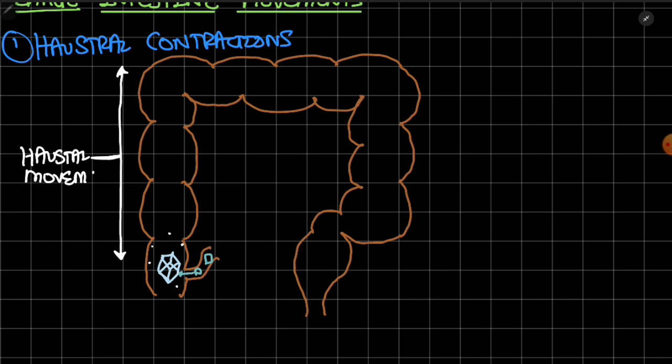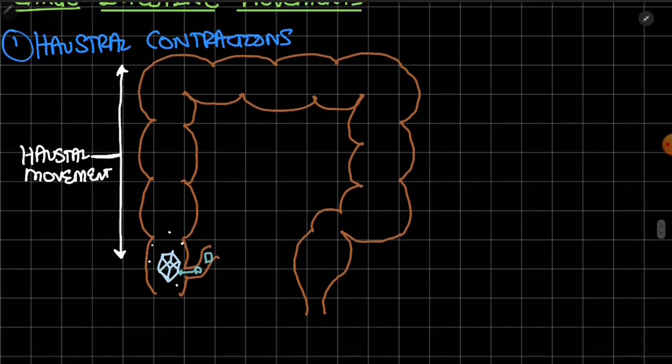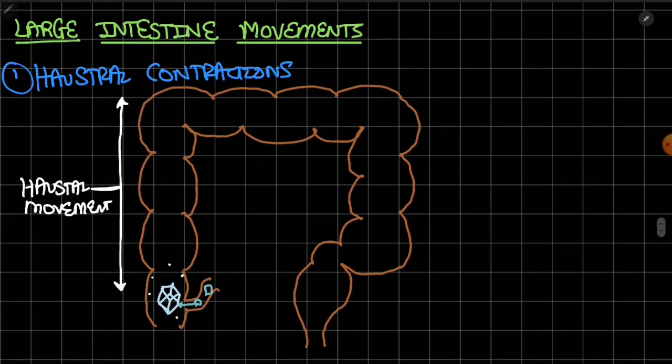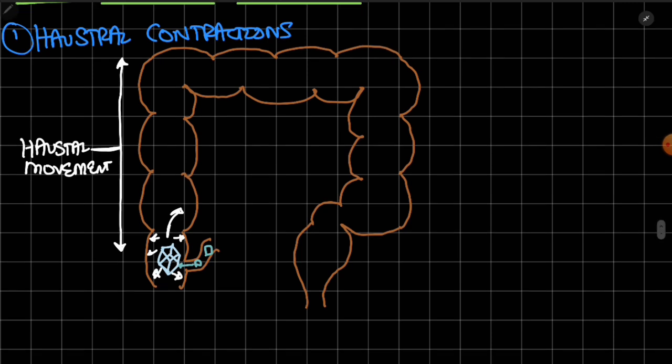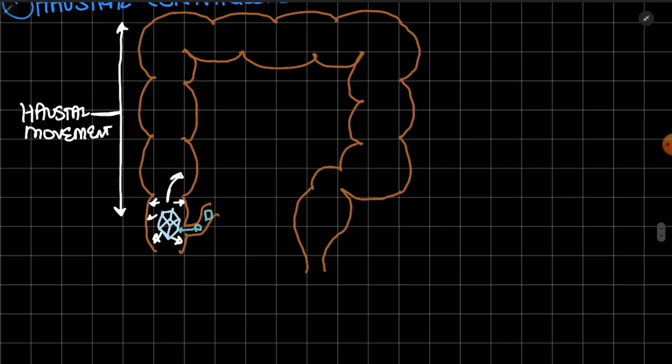So what is basically this haustral movement, and what is the cause of it? This paneer is now here. It will irritate the mucosa like this. So a signal will be produced. What is the cause? A signal due to stretch.